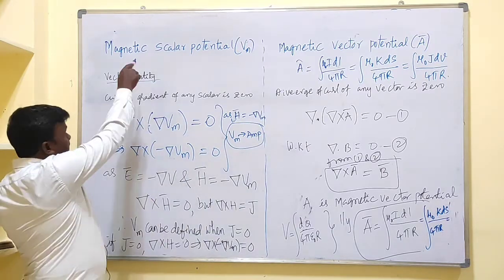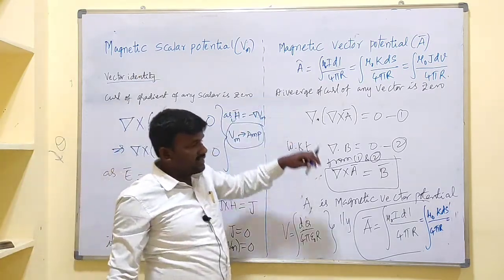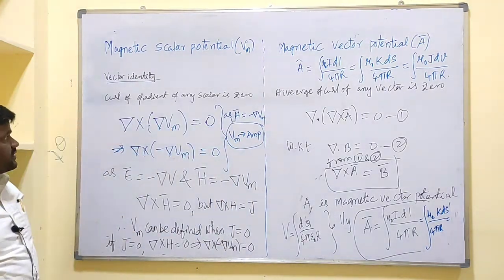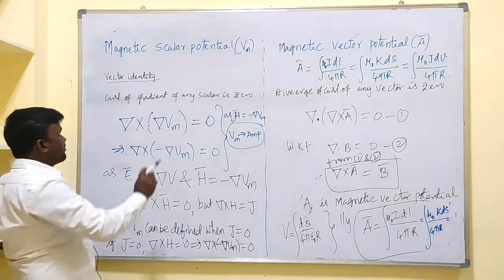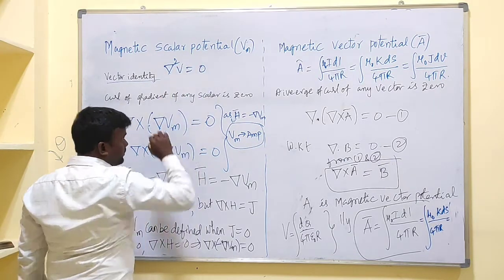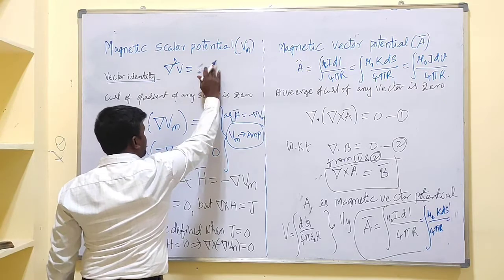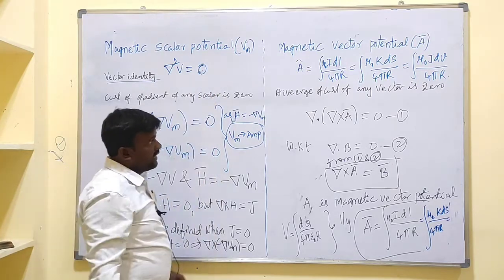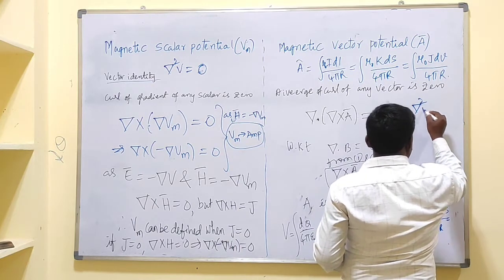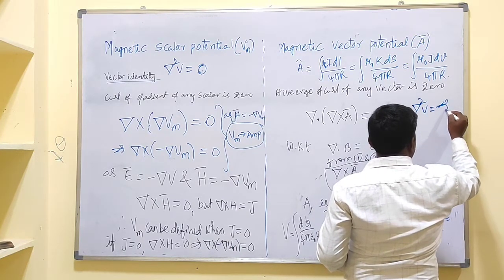This is the magnetic scalar potential, and this is the magnetic vector potential. We have Poisson's and Laplace equations. Laplace equation is given by del square V equal to 0, and Poisson's equation is given by del square V equal to minus rho V by epsilon.